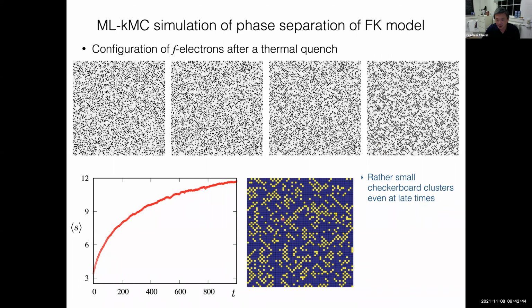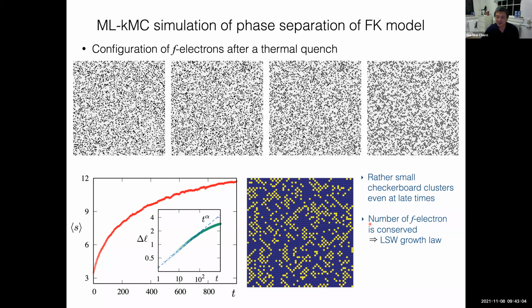Here is a zoom-in picture of this late stage configuration. And you can see that here is one CDW cluster, here is another one, here is another one. And somehow they sort of stop and they don't try to form an even larger CDW.